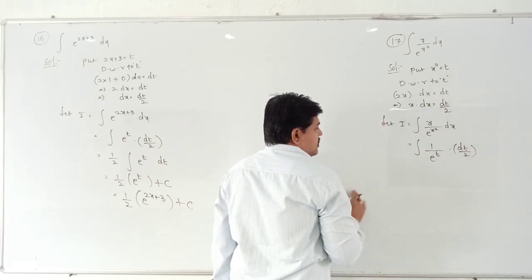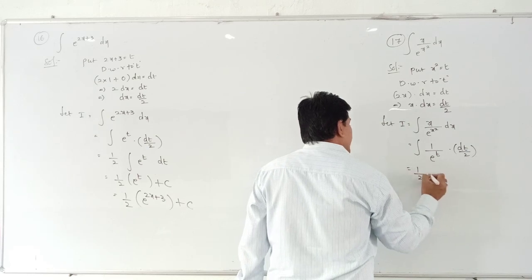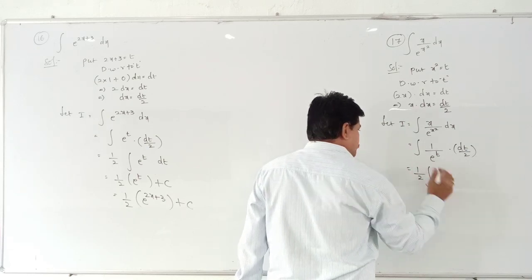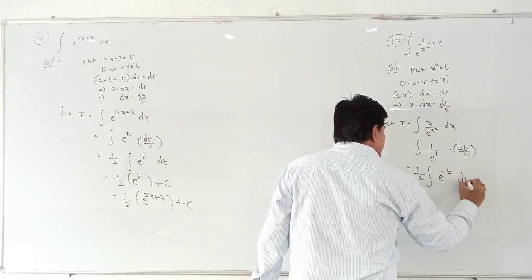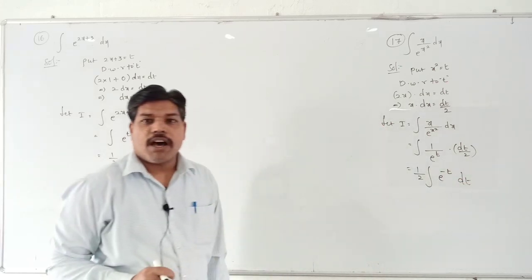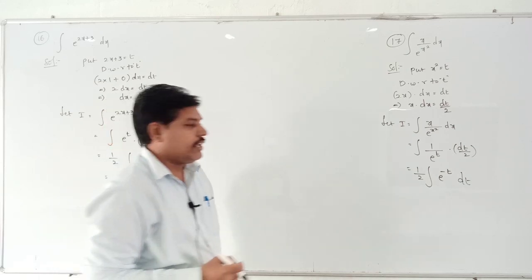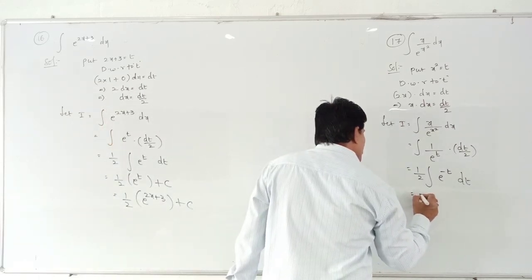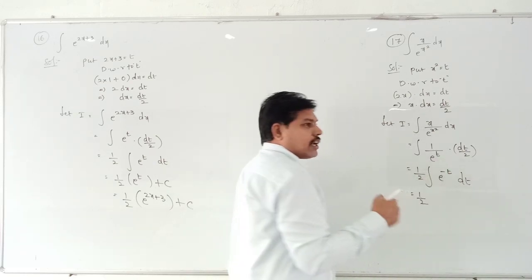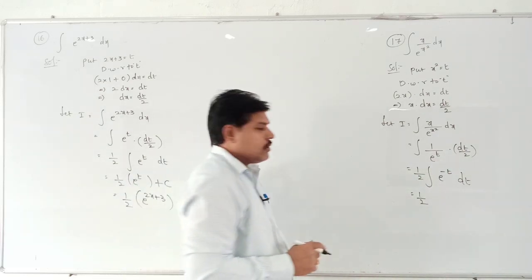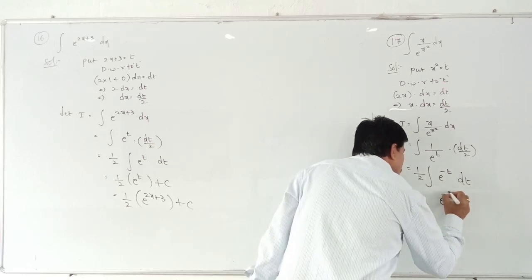So how can you write this? This can be written as 1 by 2 into integral of e power minus t into dt. So that is equal to 1 by 2 into integral of e power x, integral of e power x is e power x. Yes or no? So that is nothing but e power minus t.